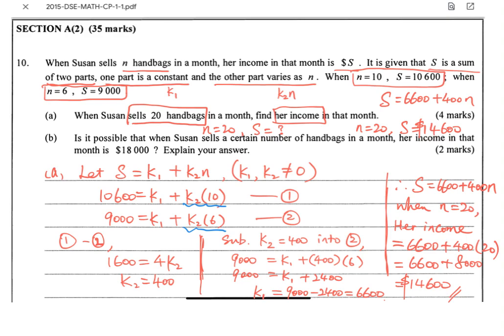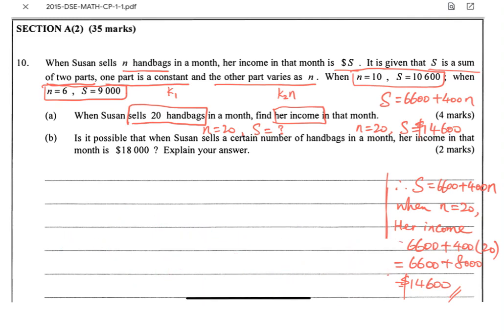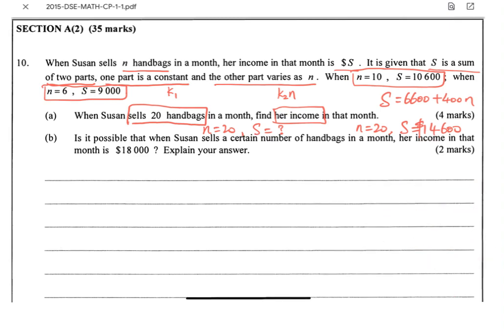Now let me erase this part and leave some space for part B, so you can read part B's question first. So let's see part B. Is it possible that when Suzanne sells a certain number of handbags in a month, her income in that month is 18,000? Is it possible? So explain your answer.